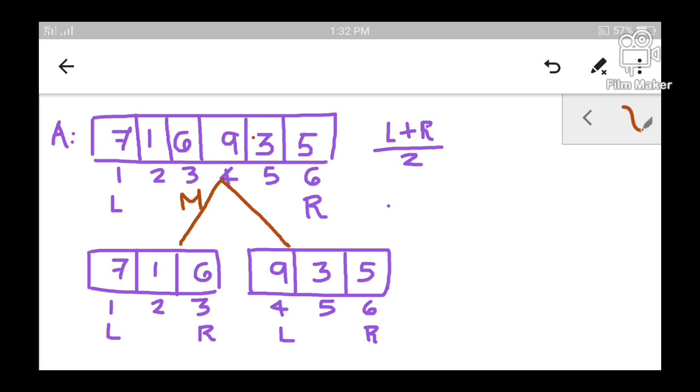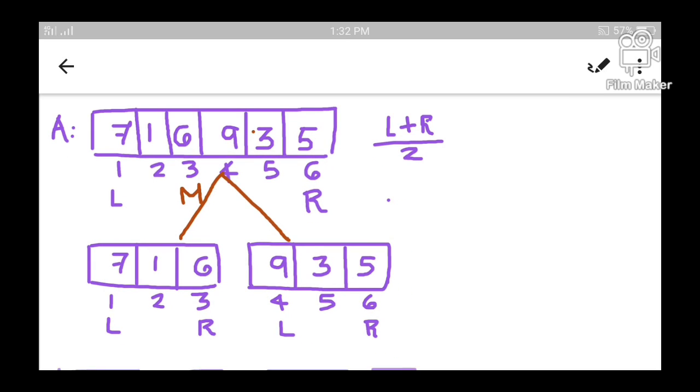Again check if they are large enough. Yes, they are still large enough, because the first array is having again three elements in it, and the second array is also having three elements in it. Let us mark the positions. The positions of the left array have been marked as 1, 2, 3, same as the previous positions, and the right array is also having the positions 4, 5, 6, which are the same as the previous array positions.